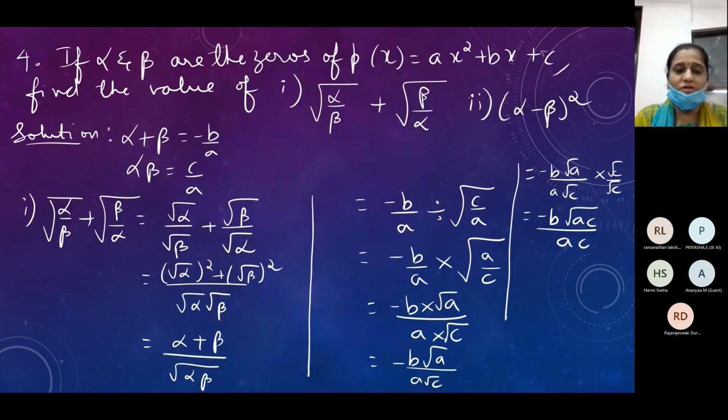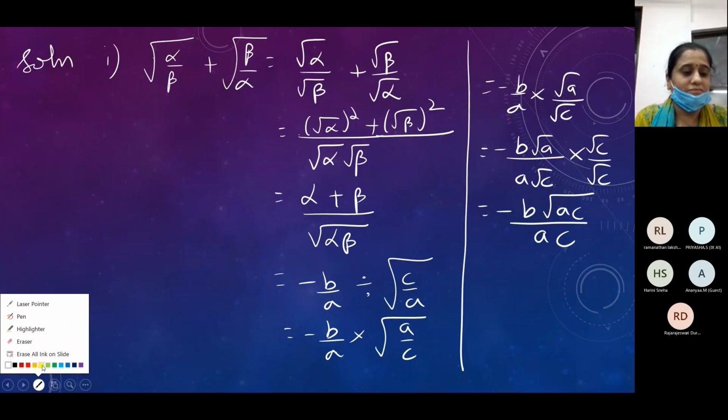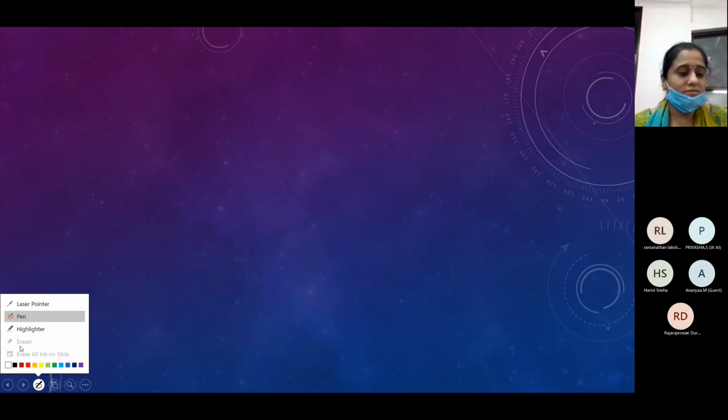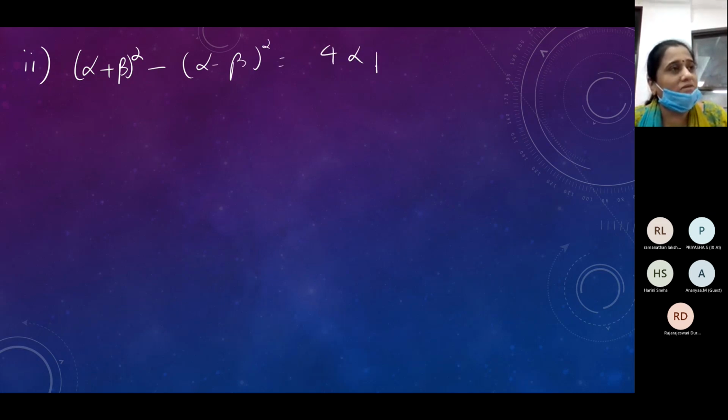Now for alpha minus beta the whole square, the second subdivision. So make use of this identity: alpha plus beta the whole square. I think you've used a different one. Alpha, have you used this? Alpha plus beta the whole square minus alpha minus beta the whole square is equal to 4 alpha beta.